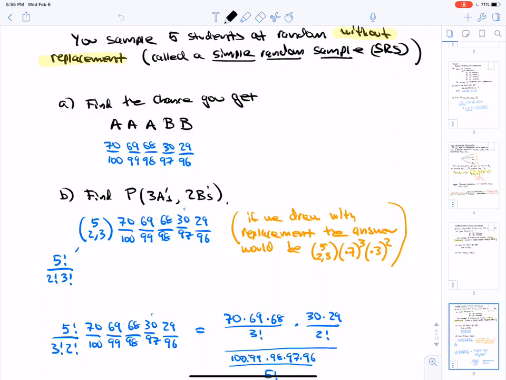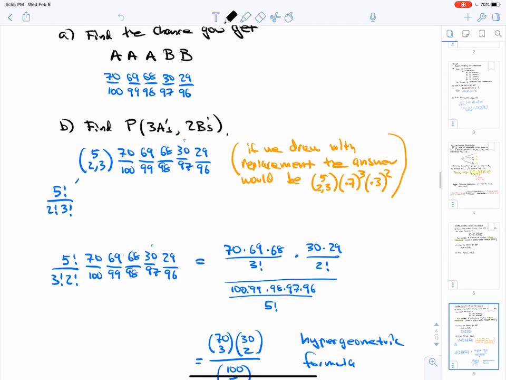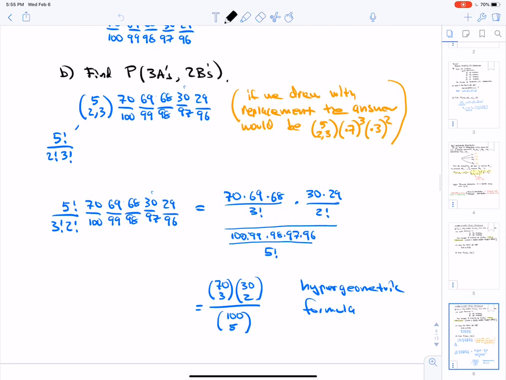Furthermore, for all reorderings of 3 A's and 2 B's in different orderings, there are 5 choose 2, 3 ways to do that. In other words, 5 factorial over 2 factorial, 3 factorial. Now, as some of you remarked, we can write this a different way.